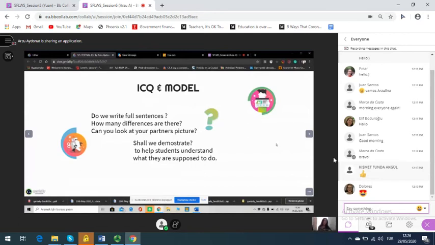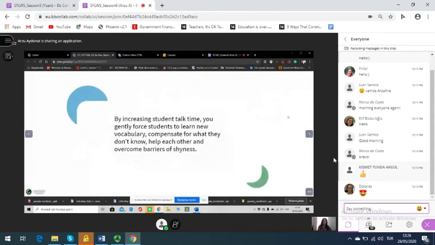And then when we are sure, we can start the activity. By increasing student talk time, we are gently forcing them to learn new vocabulary, and they help each other. We are not talking, but they are talking to each other, and they overcome the barriers of shyness, and it helps a lot.